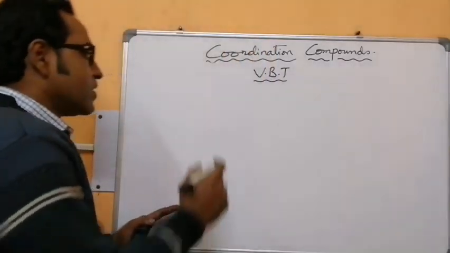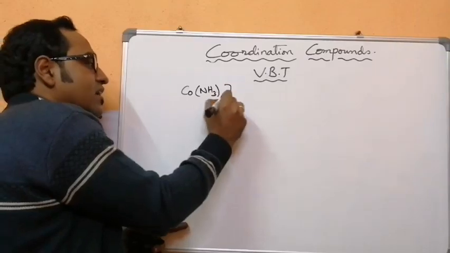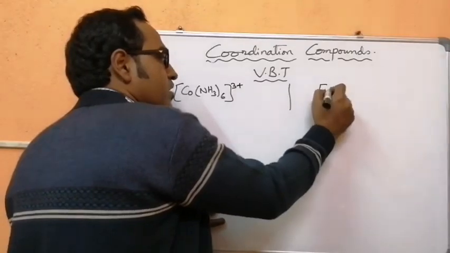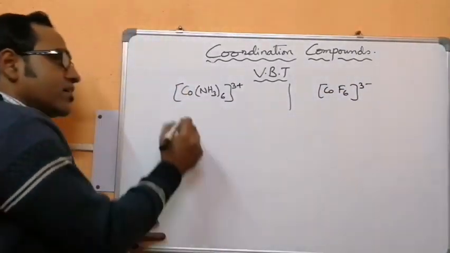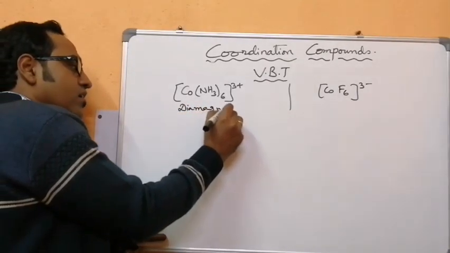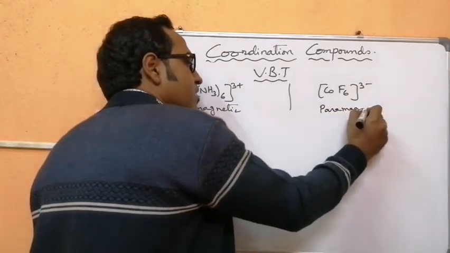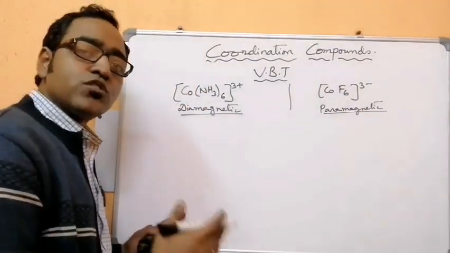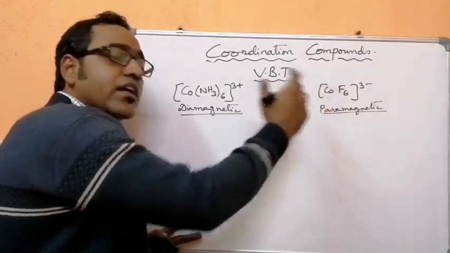For example, [Co(NH3)6] 3 plus and [CoF6] 3 minus. The first compound is diamagnetic and the second is paramagnetic. Diamagnetic means there is no unpaired electron, and paramagnetic means there are unpaired electrons in the compound.